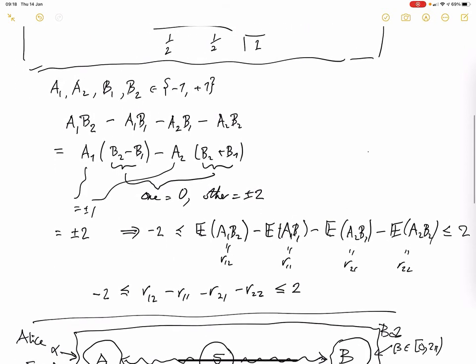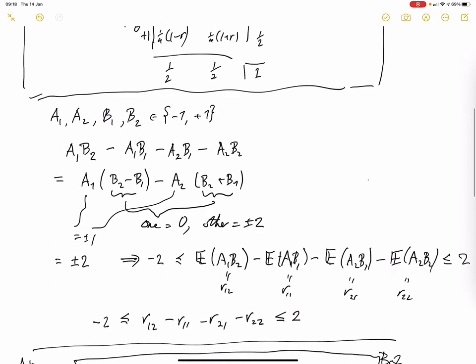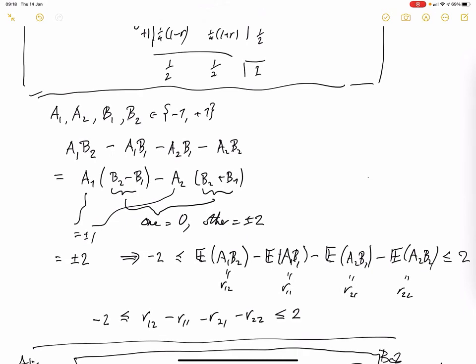Now, Bell proves that this is impossible, and here's the proof, and it's an extraordinarily simple proof. Let A1, A2, B1 and B2 be 4 random variables, taking the values -1 and +1, and consider the expression A1B2 minus A1B1 minus A2B1 minus A2B2.